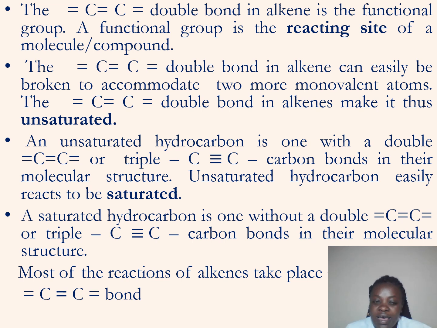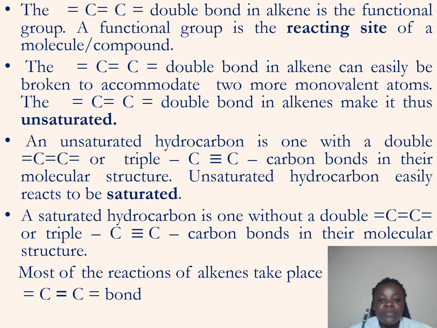So the carbon will be connected to how many bonds? To 3 covalent bonds, meaning it can accommodate another 2. So we are left with 2 covalent bonds, meaning that we can accommodate 2 compounds that have a single covalent bond. So the carbon-carbon double bond makes the alkenes unsaturated.